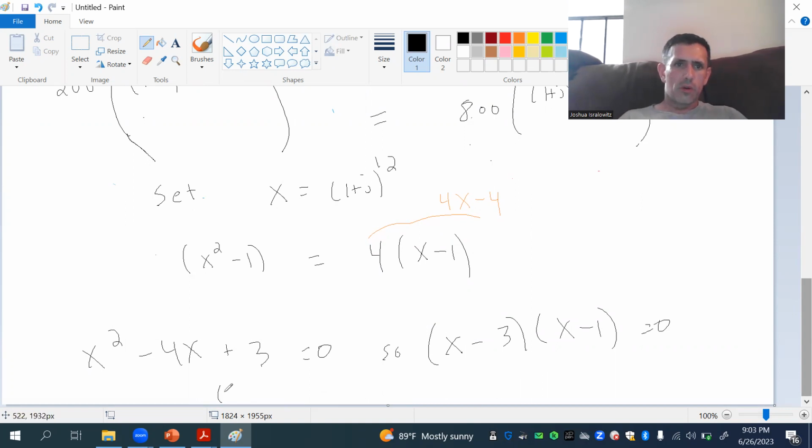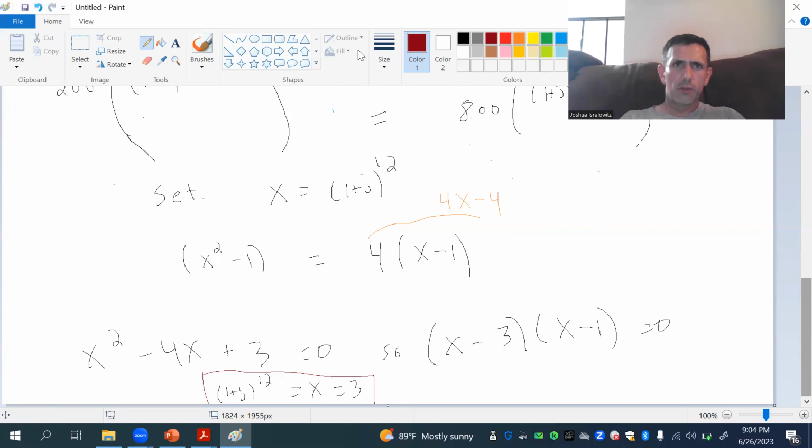So this is 3. 1 plus j. All right, so solve for j. We do get a very high interest rate if you think about it, maybe an unrealistically high interest rate, but it's okay.